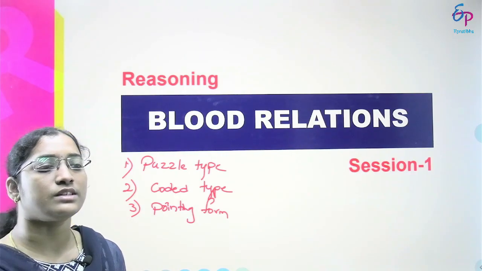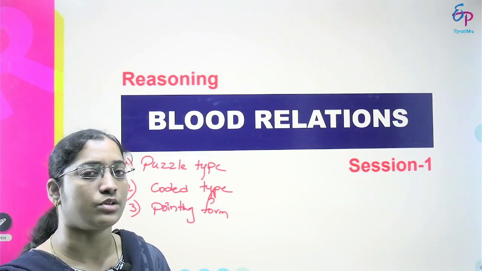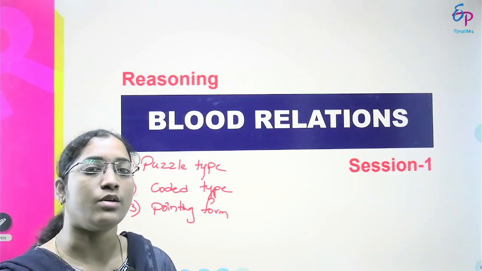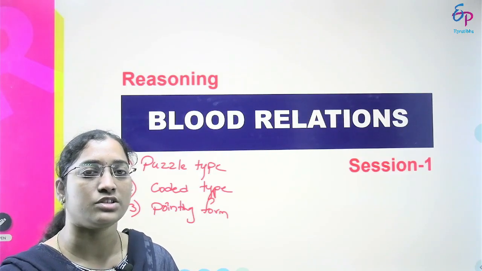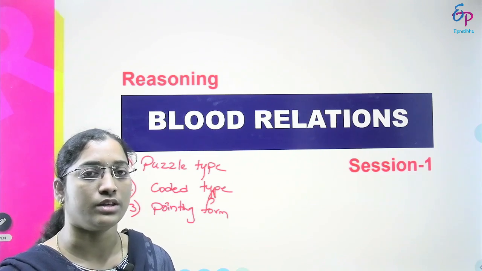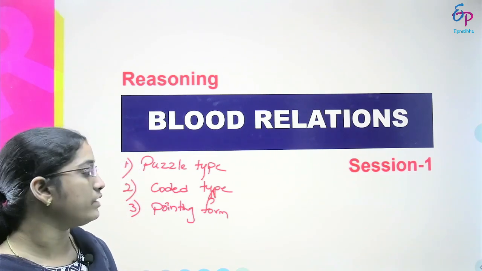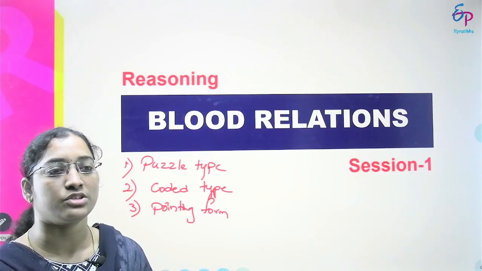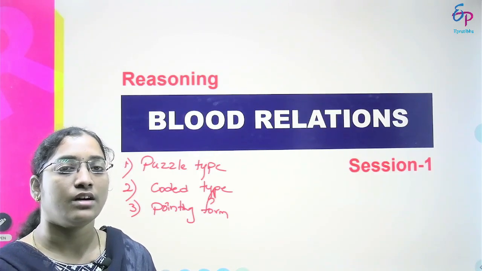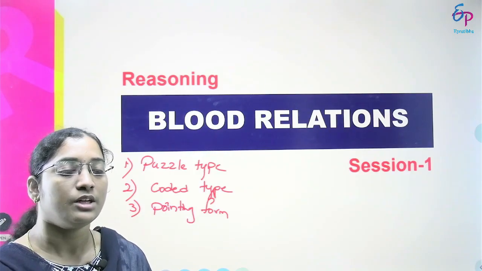So what is the difference between all these types of questions, friends? First we must know that, right? That means how to find out which type a given question is. If in your examination you get a question related to blood relations, first we need to know which type of question it is.